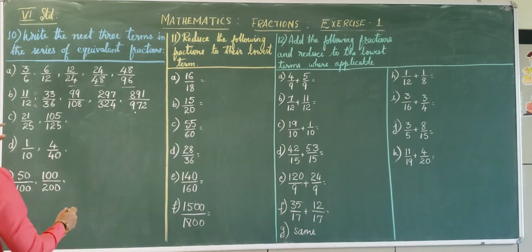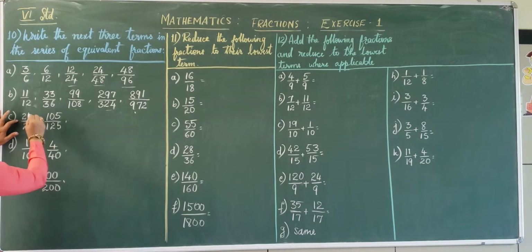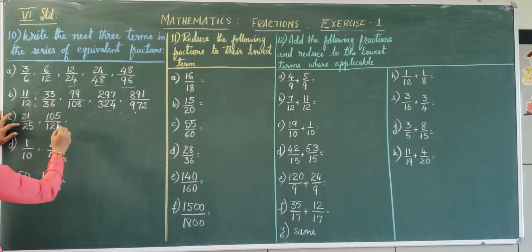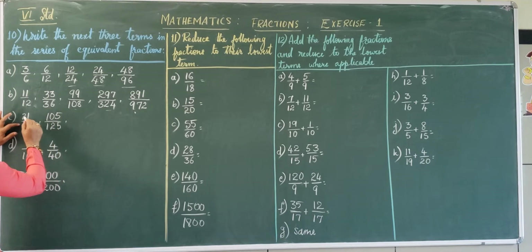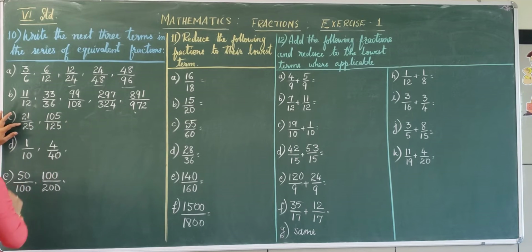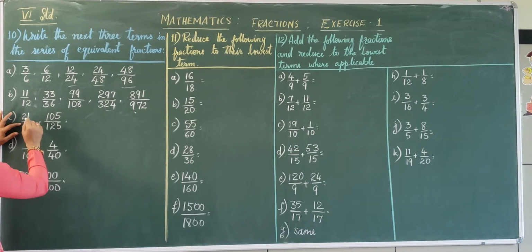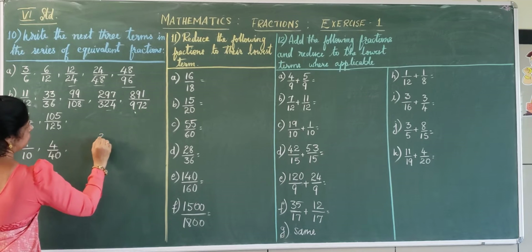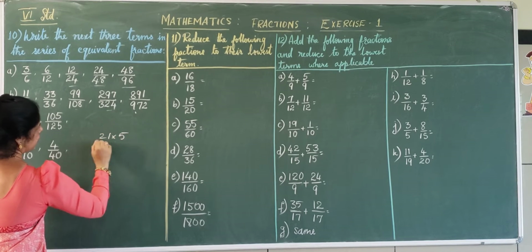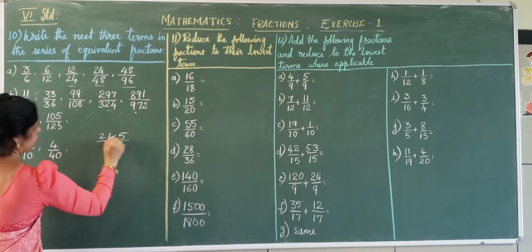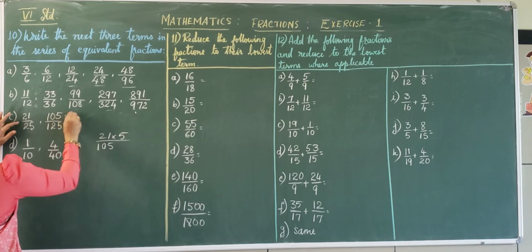Now you see 21 by 25, 105 by 125. So if you see this numerator, 21 into how many times is 105? So 21 into 5 times. You see 21 into 5, 5 ones are 5, 5 twos are 10. So this is 105.